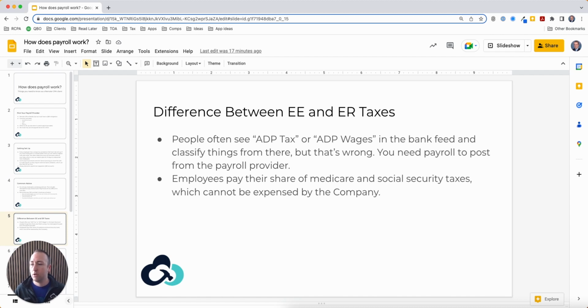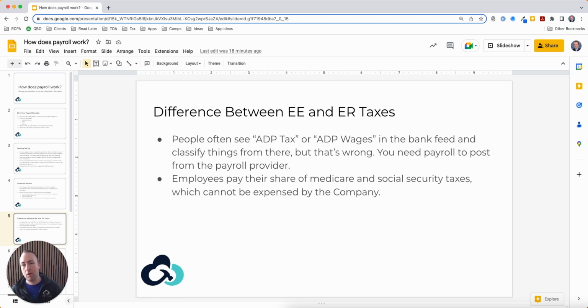Moving on. So let's talk about the difference between employee and employer taxes. There's a lot of confusion around this. So 6.2% of all wages get withheld from an employee paycheck to cover Social Security, and 1.45% also gets withheld from employee paychecks to cover Medicare.